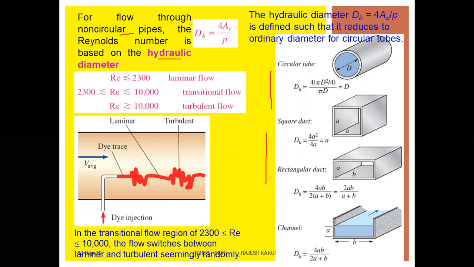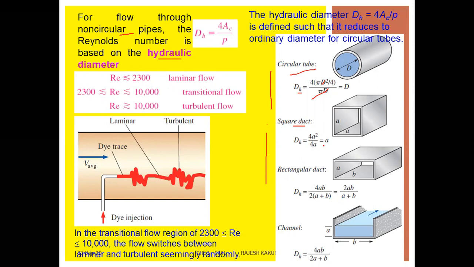Okay, see here. For the circular tube, the hydraulic diameter is 4 into pi d square by 4 divided by pi d. Cancelling pi d and cancelling 4, only d remains. Next, the square duct: Dh is equal to 4a square by 4a.